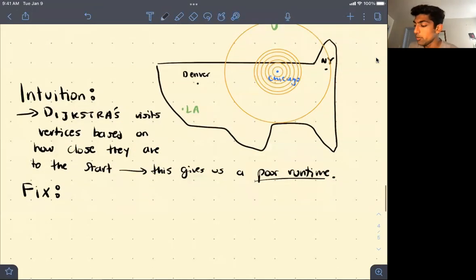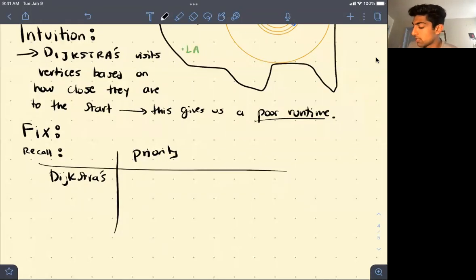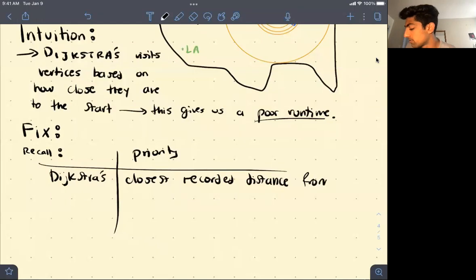So in order to think about this fix, let's first recall that in Dijkstra's algorithm, the priority of a given vertex is the closest recorded distance from start, right?